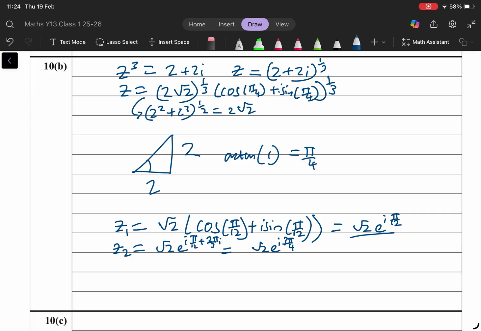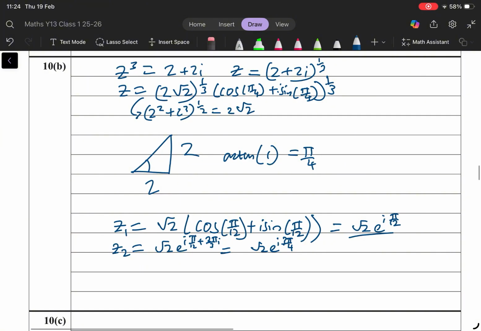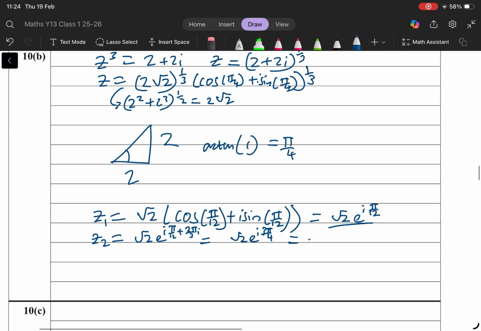Let's check that. Pi over 12 plus 2 pi over 3. Yeah, 3 pi over 4, which is e to the i 3 pi over 4. So that's going to be a solution we already had. Right? Yeah, it is. So we want to ignore that one.